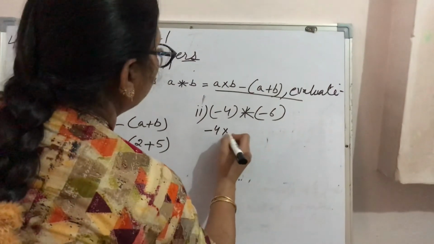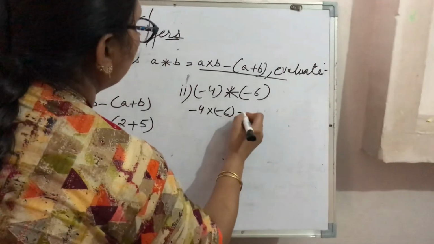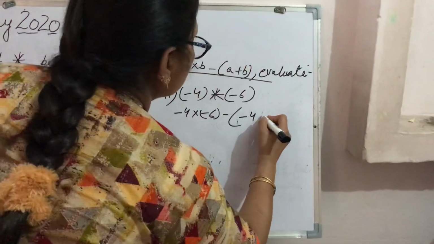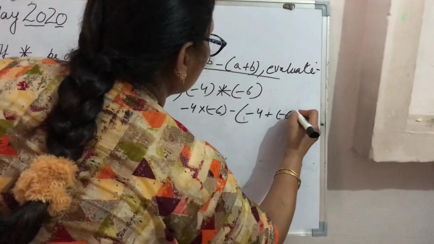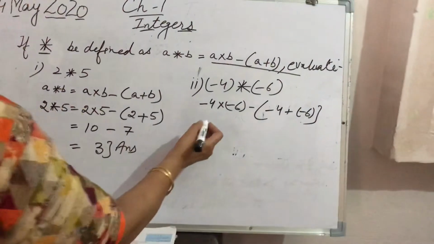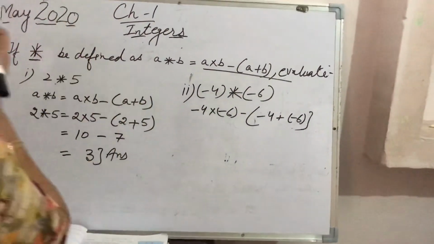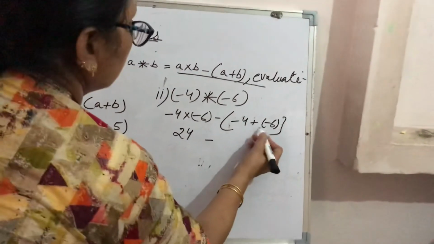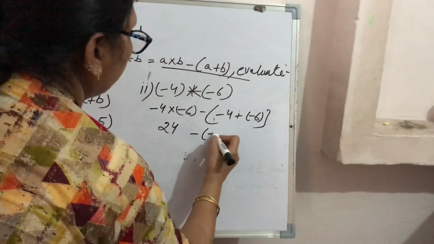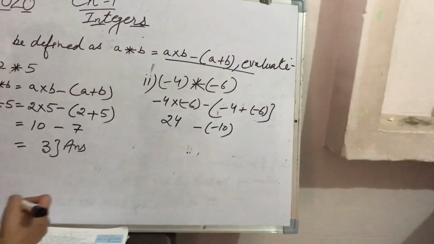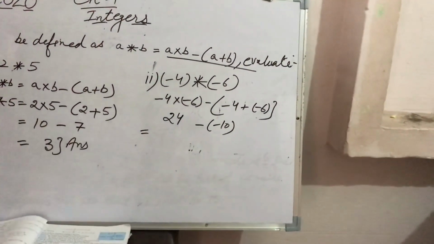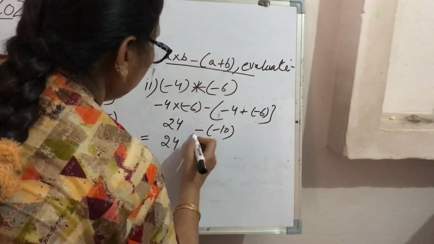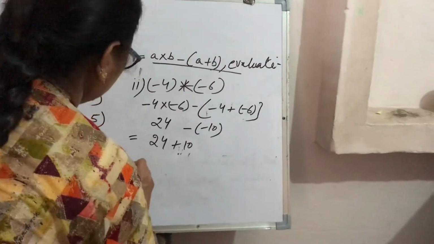Minus 4 into minus 6 minus minus 4 plus minus 6, then plus 24, minus plus minus, then minus 10, minus plus 10, 34.